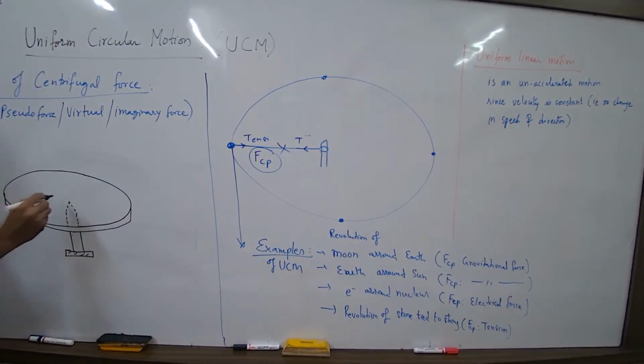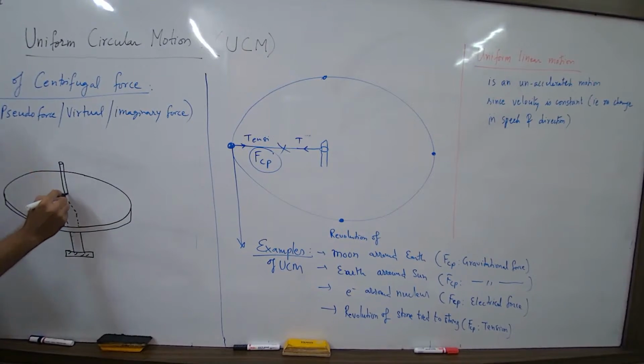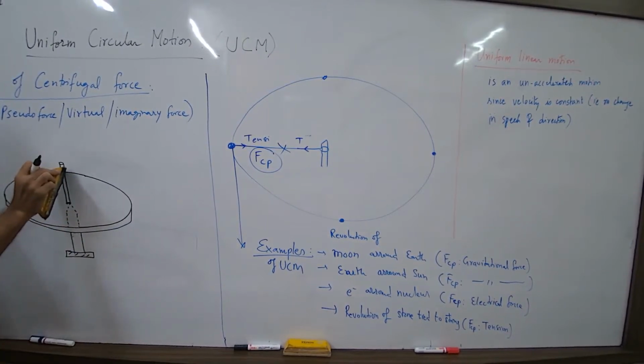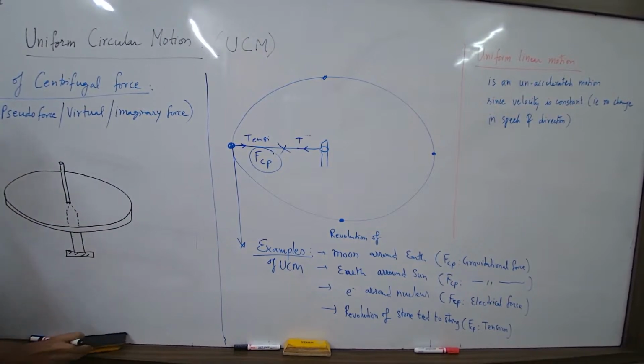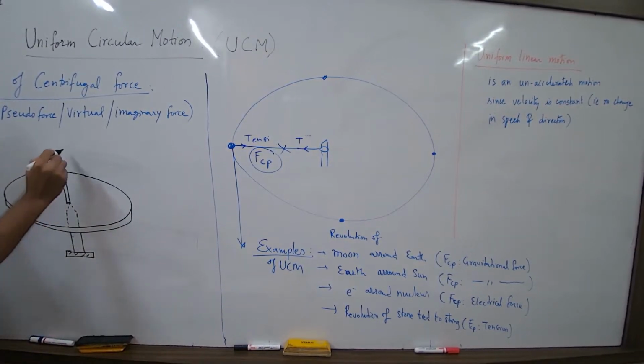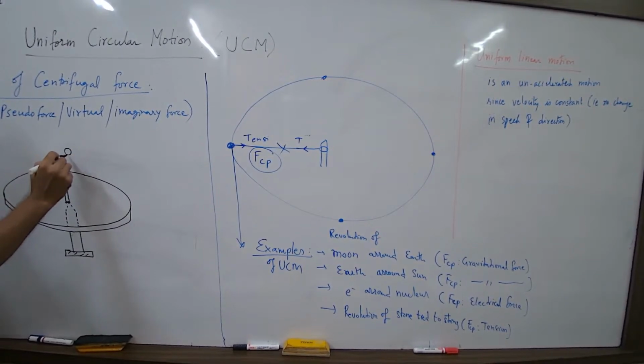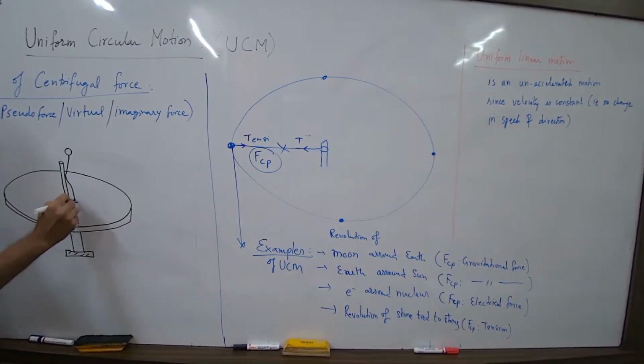So suppose it has support only at the center. Now there is somebody who has taken support of this.